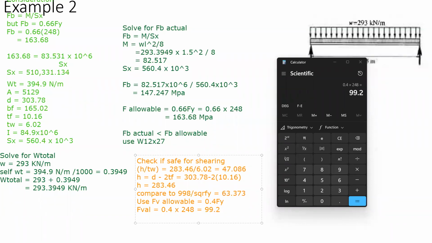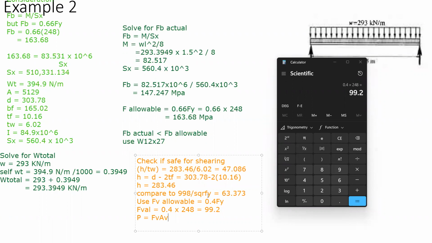And then let's compare this allowable to our actual. And to get the actual, you have P is equal to FV times AV. But how do we get P?